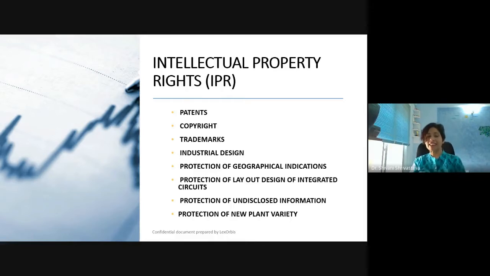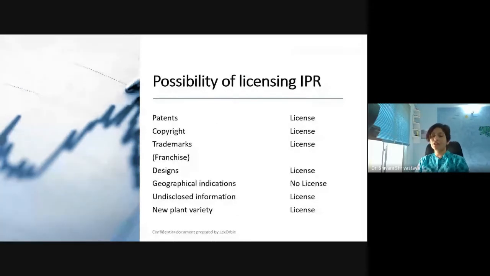The other form of IPR is protection of new plant varieties. This is related to plant varieties. If farmers are creating any plant variety, they can protect it. There are different requirements and a different procedure for that. When we talk about licensing in IPR, obviously IPR can be licensed to another person to use it.